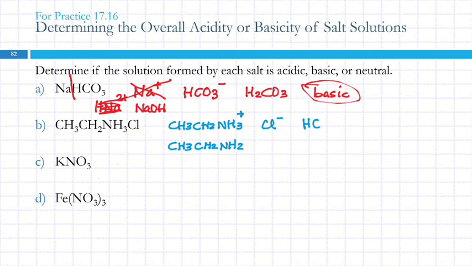Hydrochloric acid. Strong acid. So this does not do anything. So the conjugate here is a weak base, and that makes this a weak acid, and so this is going to be acidic.